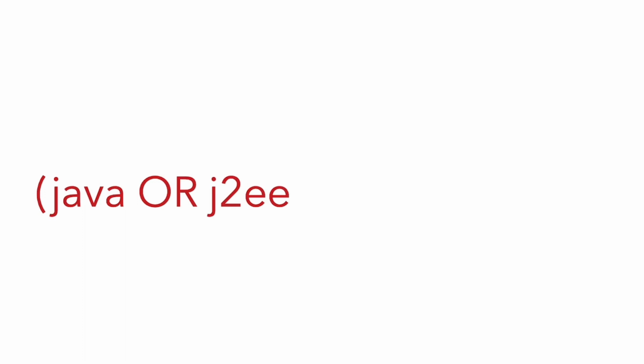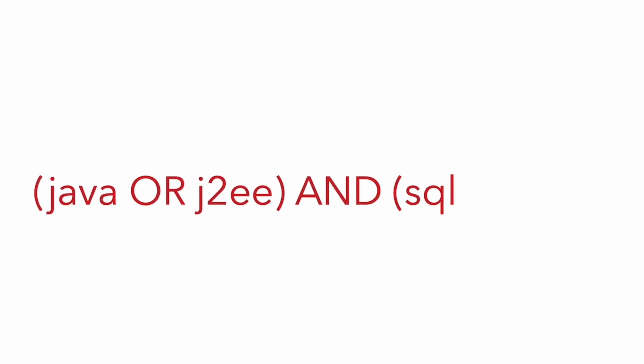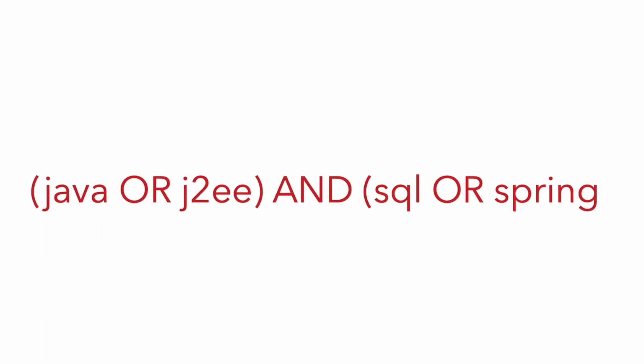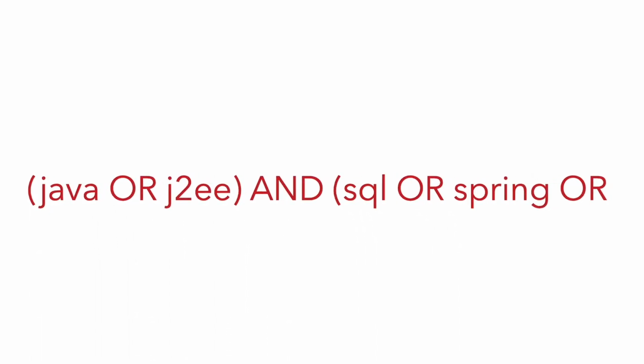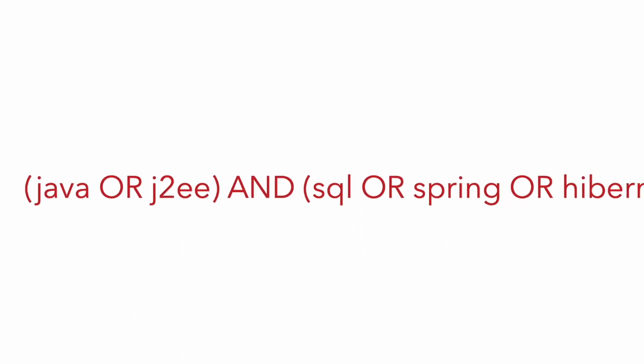To keep going, let's use the AND function to find candidates with additional skills. Let's close out this grouping with a right parentheses. Then add AND and another left parentheses for a new grouping. In this grouping, let's take some of those secondary, nice-to-have skills and put them into a group. So let's do SQL, space, OR, space, Spring, space, OR, space, Hibernate.